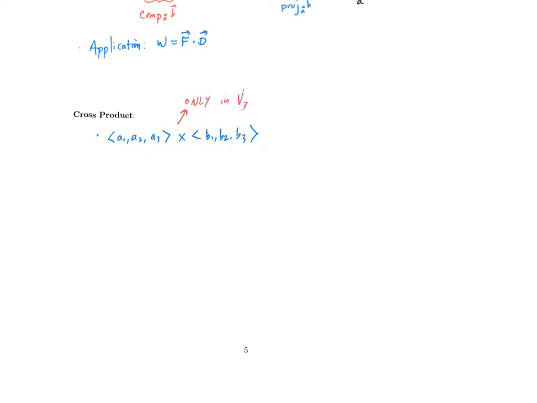And the convenient and maybe more efficient way to compute this is as a 3 by 3 determinant. We put those standard basis vectors, i, j, and k across the top row, the vector A across the middle row, and B across the bottom row. So when we take the cross product of two vectors in V3, we get back another vector in V3.